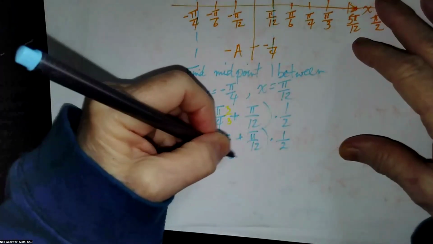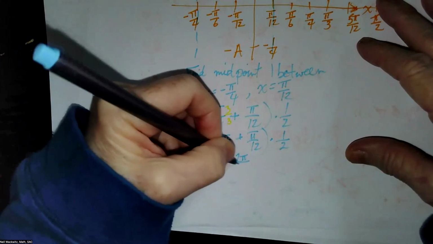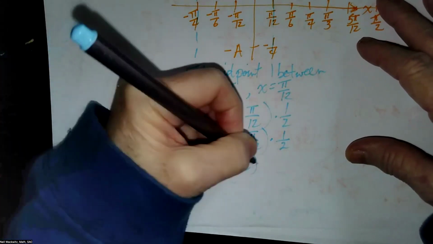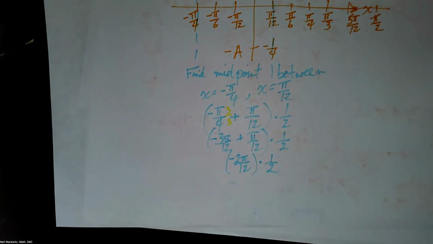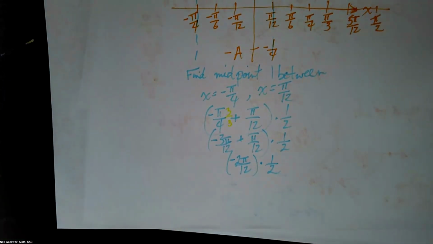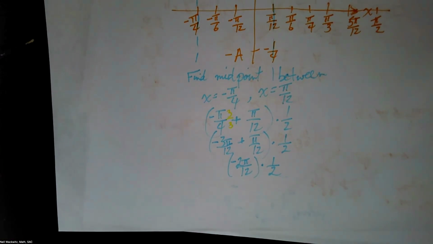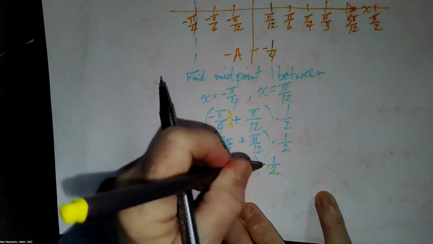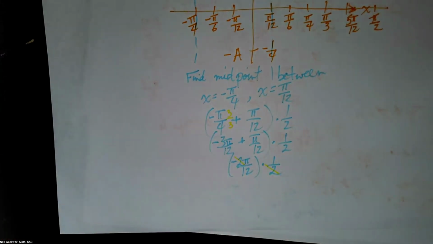Good. So negative 2 pi over 12 times 1/2. Can I just divide out some 2's here? Yes. Good. So the end result here is negative pi over 12.